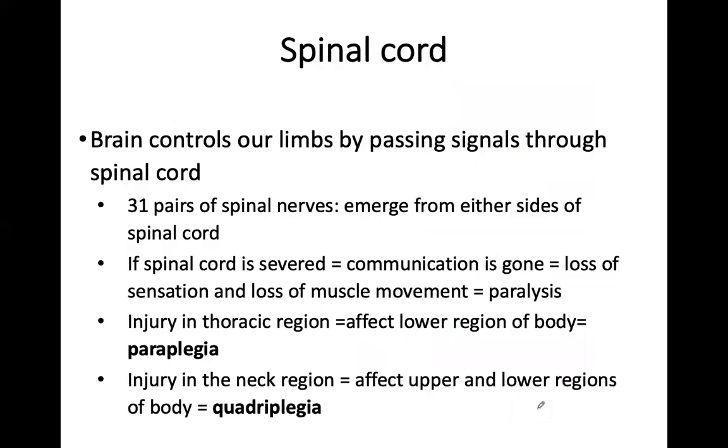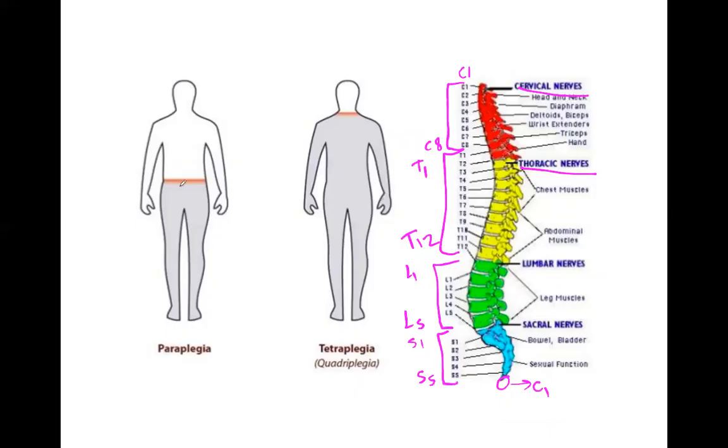Now, if you have damage that is particular to the thoracic region, typically you are identified as paraplegic. If the damage is to the yellow section, which is the thoracic, it's called paraplegia. You lose the lower part of the body, both in terms of sensory and motor, but the upper part of the body is still functional.